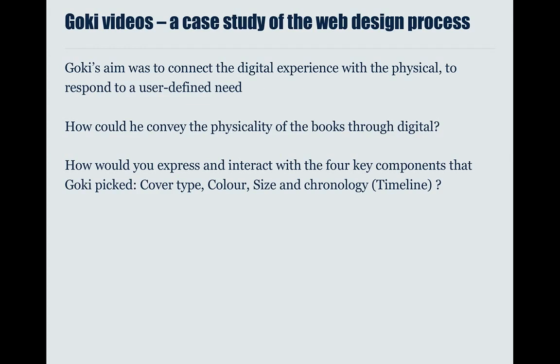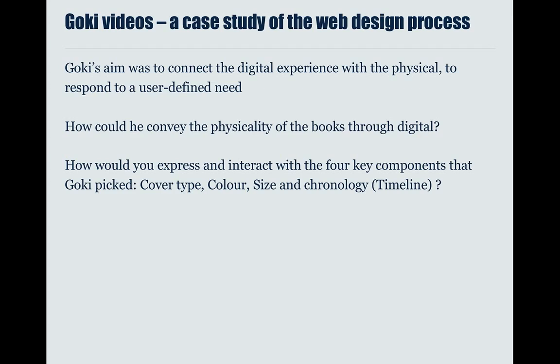And I've already asked you, but something to reflect on more as we move into the second half of the module is how the physicality of the books could have been expressed more. So what are the different kinds of interactions that Goki could have added to the rare books interface to encourage perhaps a multi-sensory engagement with that information?